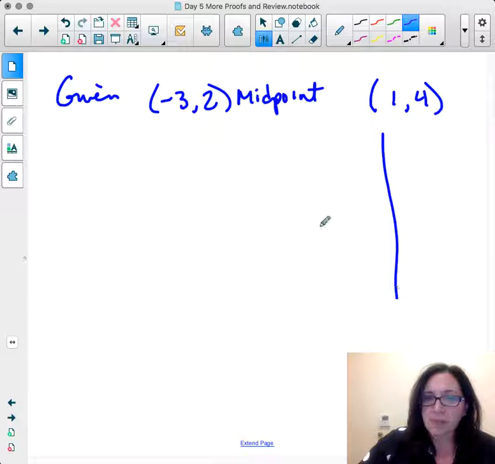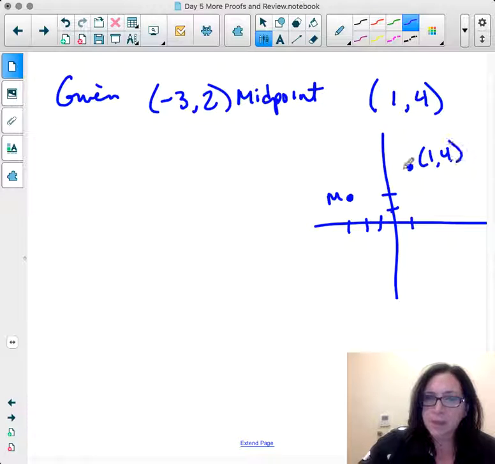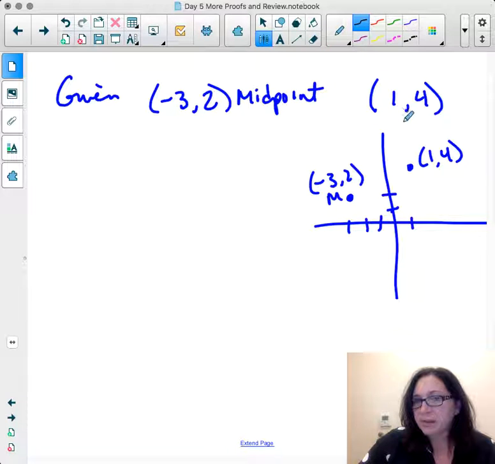So if I were graphing this, I'd have negative 3, up 2. So here's this point here, and that's my midpoint. And then I would have the point 1, 4. So 1, 1, 2, 3, 4. Here's this point, 1, 4. This point here, negative 3, 2. What I want to know is, what's the other point?